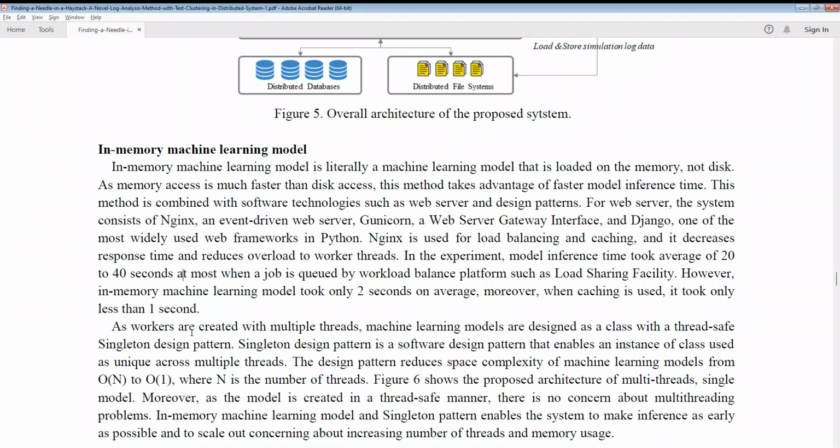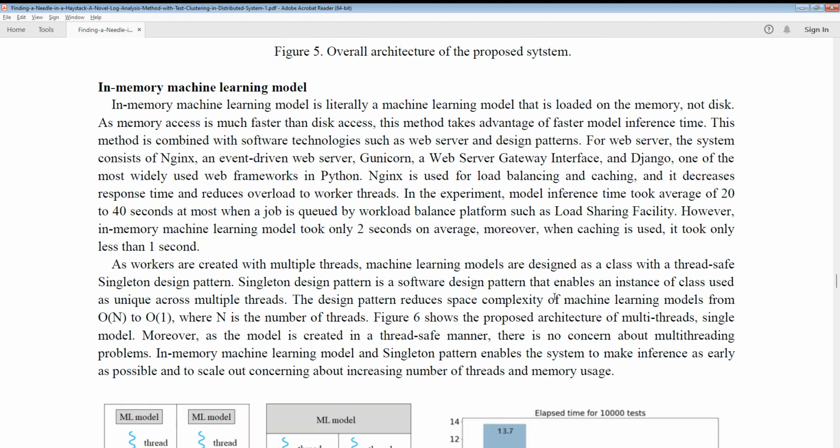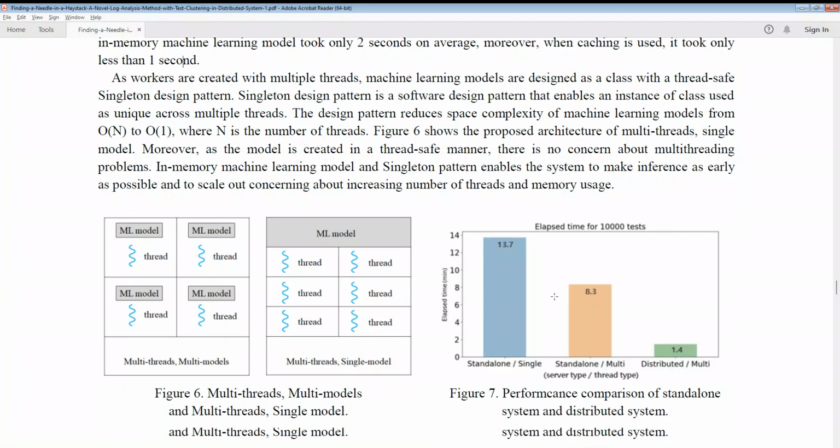As workers are created with multiple threads, machine learning models are designed as a class with a thread-safe singleton design pattern. The singleton design pattern is a software design pattern that enables an instance of a class to be unique across multiple threads.